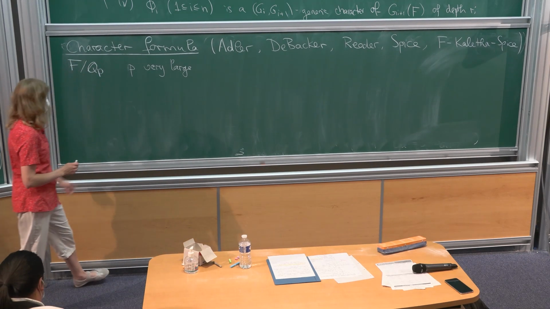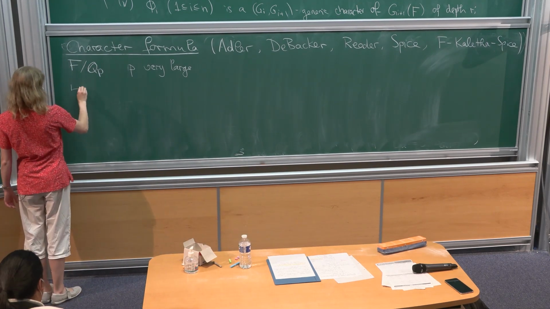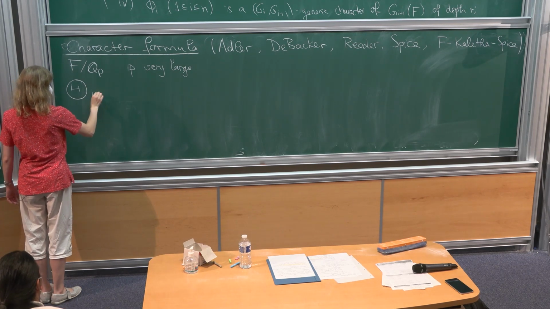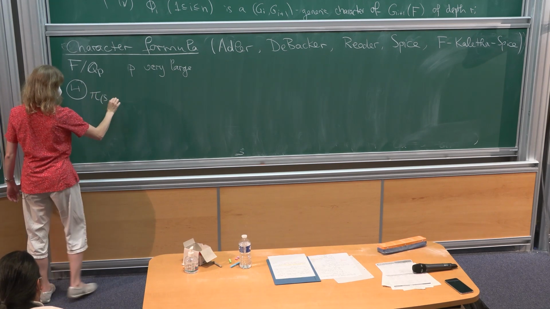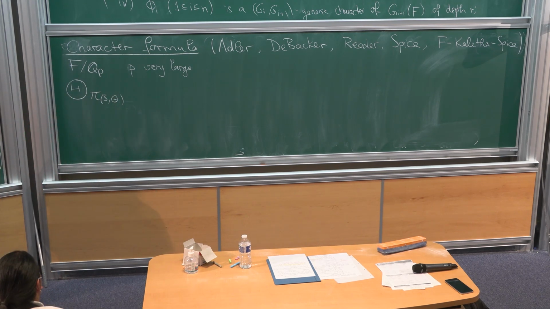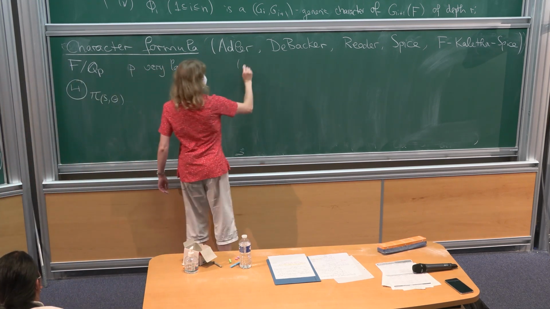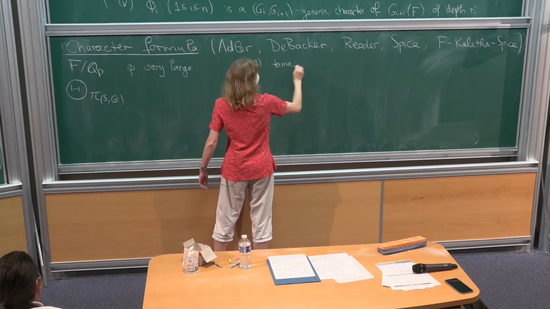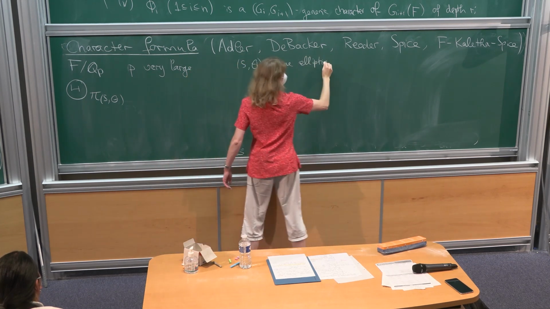That's why I'm doing that. And then here we go. Here's the character of an epipelagic representation and of a regular supercuspidal representation attached to S and theta. So (S, theta) now is a pair as there. It's a tame elliptic regular pair.